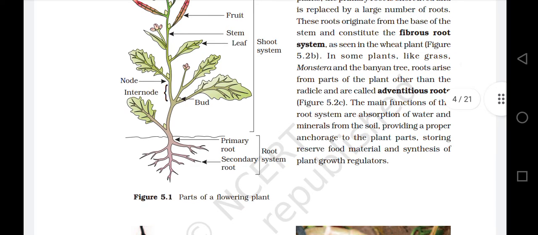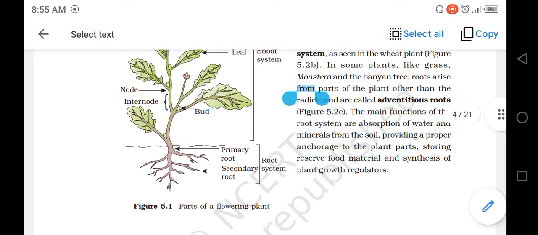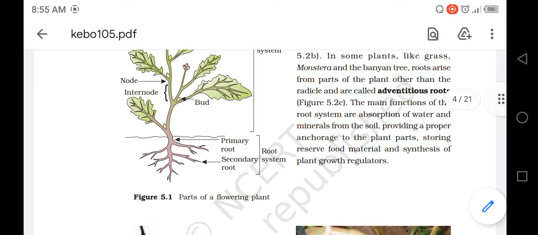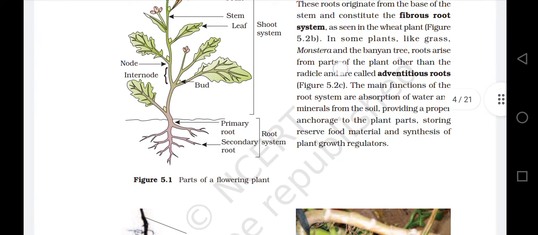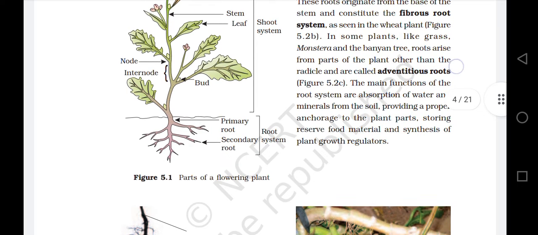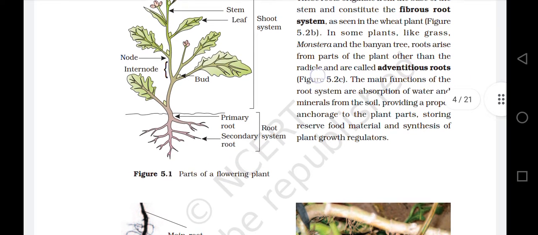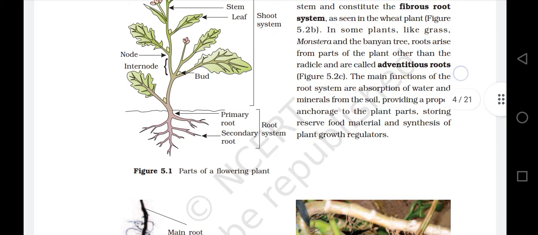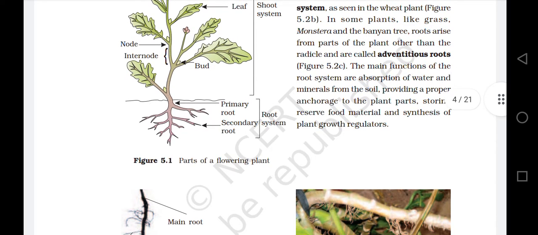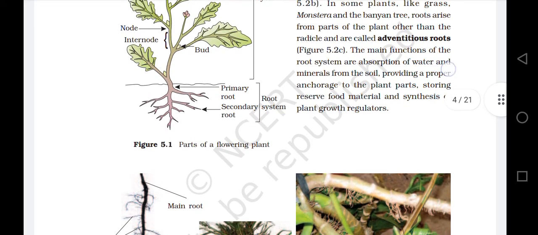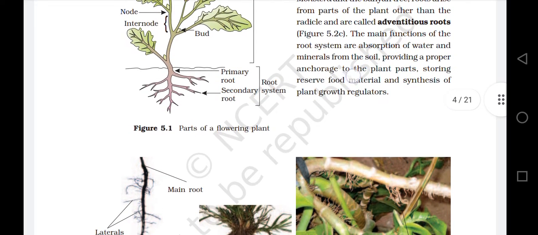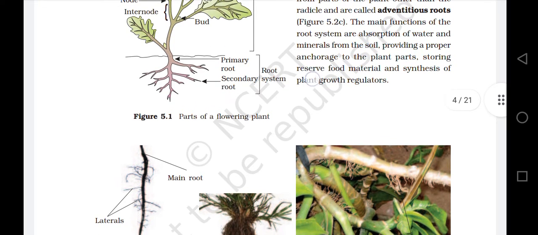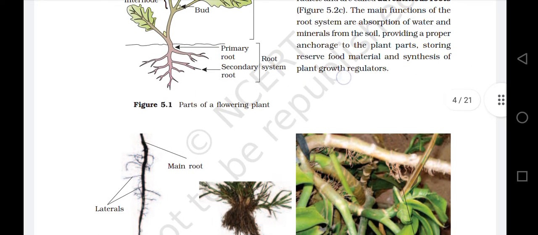In some plants like Monstera and the banyan tree, roots arise from parts of the plant other than the radicle and are called adventitious roots. Figure 5.2c. The main functions of the root system are absorption of water and minerals from the soil, providing proper anchorage to the plant parts, storing reserve food material, and synthesis of plant growth regulators.